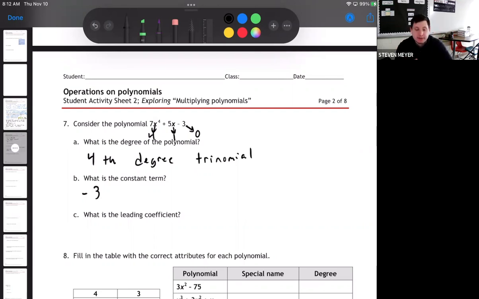So I just take that 7 out and can write that 7 is the leading coefficient. And the reason why is 7x to the power of 4 is the highest degree, and we're taking the number that's in front of that. When writing a polynomial, the standard way is to have the highest degree first and then the lowest degrees after that.